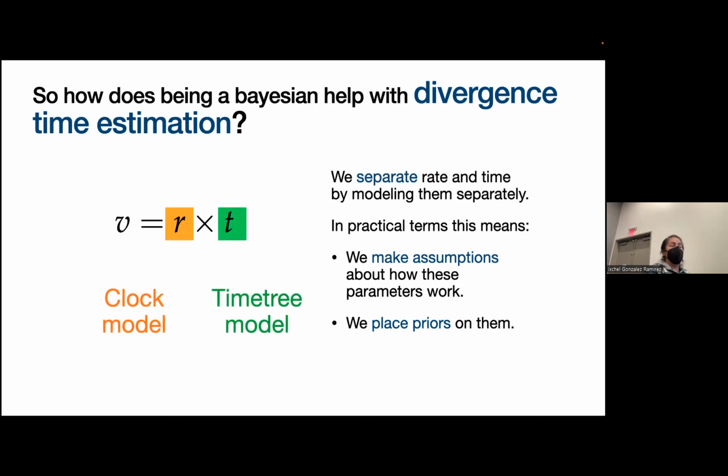So basically the two models that do this are the clock model and the time tree model, the famous fossilized birth-death that we're going to use today. I separate these two by using these two models connected to the morphological or molecular change.